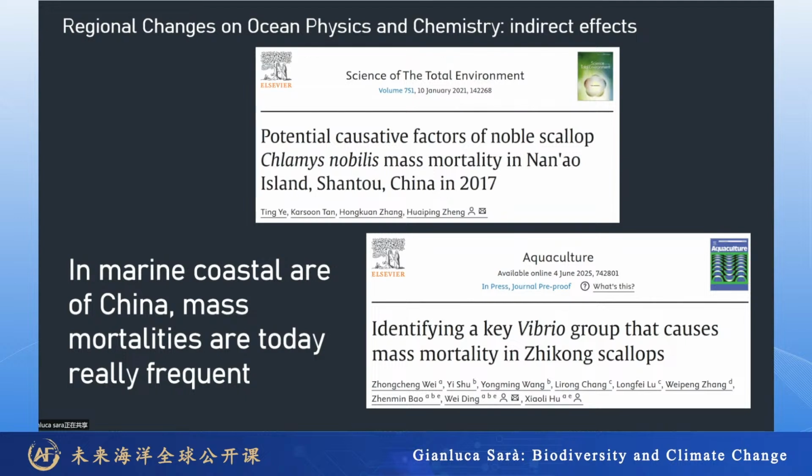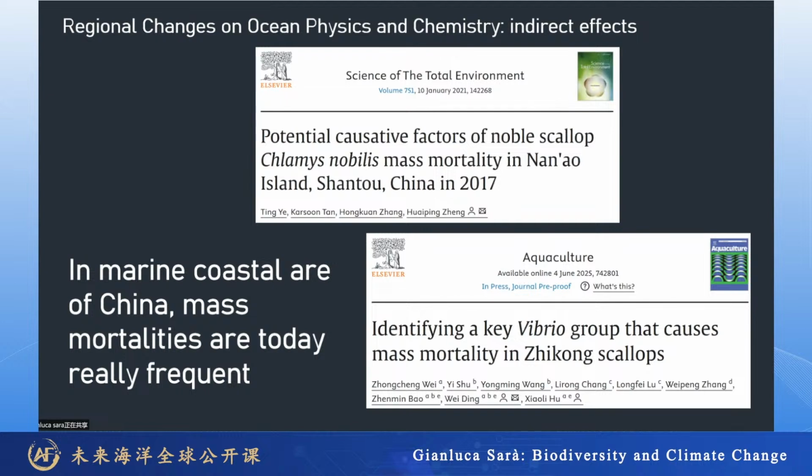For example, we can have an increase in temperature, or just an effect of climate change, on oxygenation, and that is not so hard to induce mass mortality in the target organism.